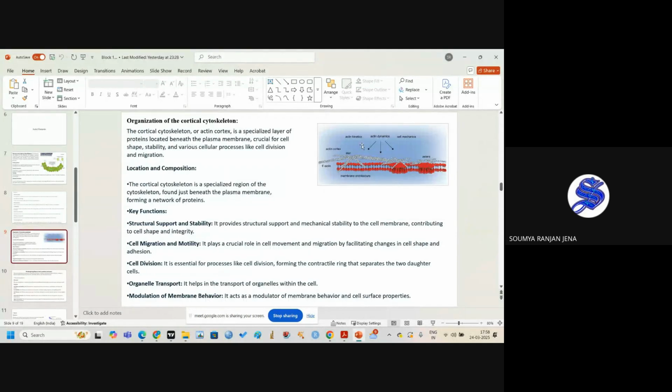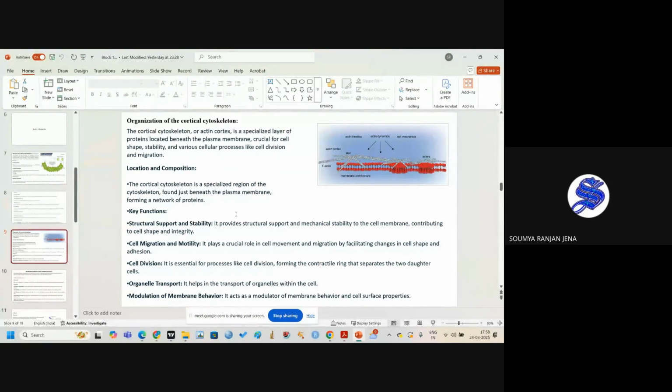And the key function of this cortical cytoskeleton is structural support and stability. It provides structural support and mechanical stability, because during metabolic processes the shape of the cell will not change, and this gives mechanical stability to the cell membrane, contributing to the cell shape and integrity of our eukaryotic cell.